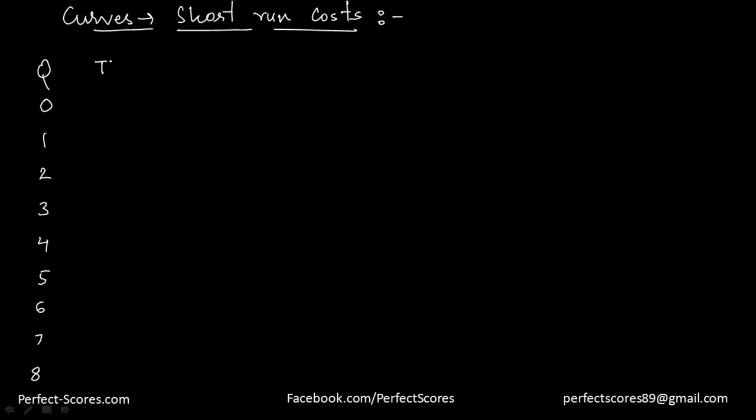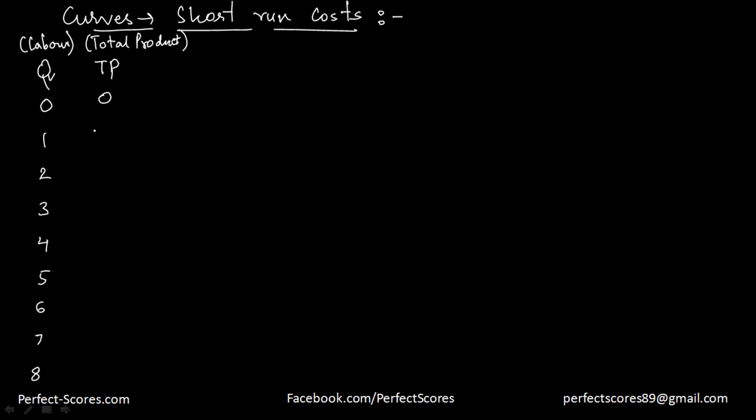The only thing that we're going to assume is the total product. I'm going to take the type of the variable factor to be labor. Let's suppose that when you do not have any labor, you do not produce anything.